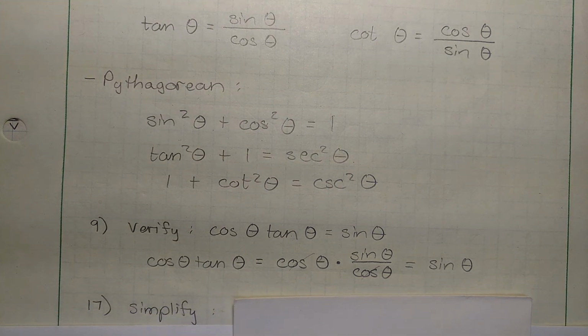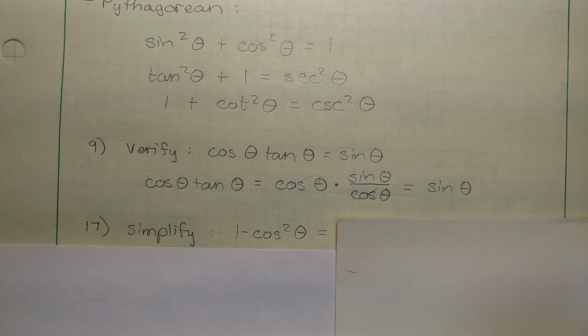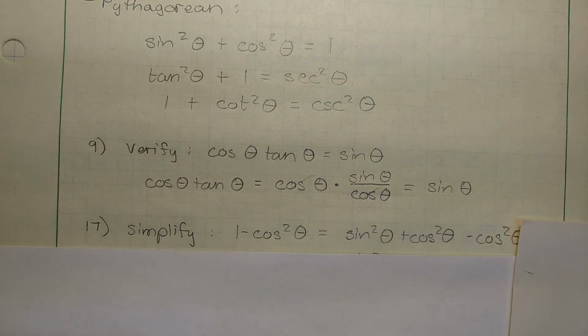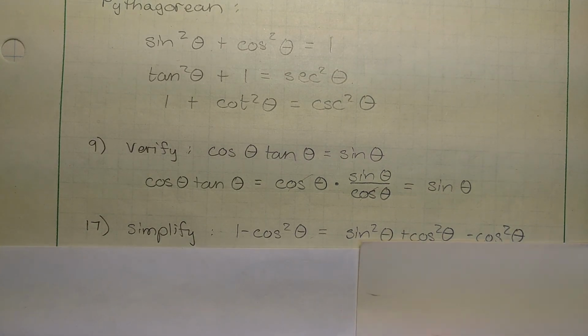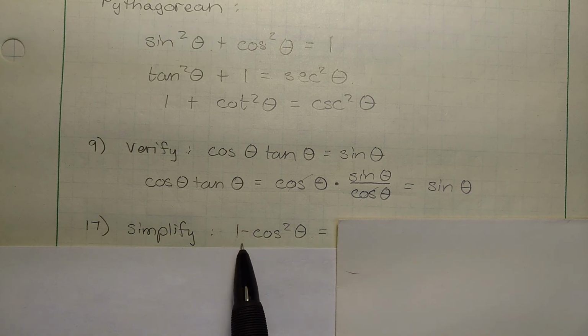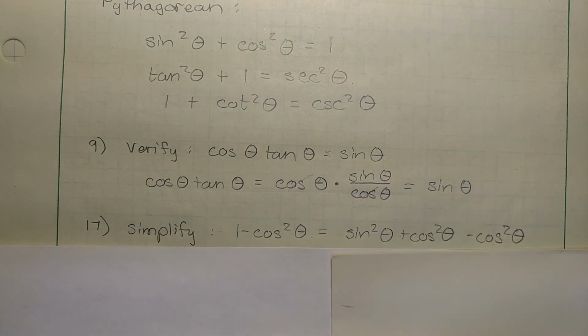Let's look at another one, 17. It asks us to simplify 1 minus the cosine squared of theta. It's saying, what is that equal to? Well, if I want to simplify this, I'm going to replace this 1 with sine squared plus cosine squared.